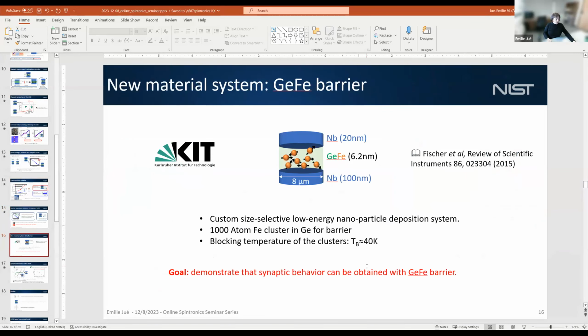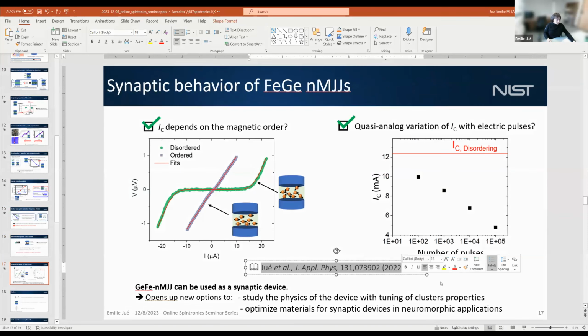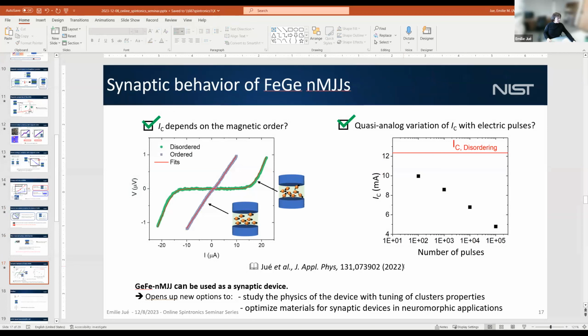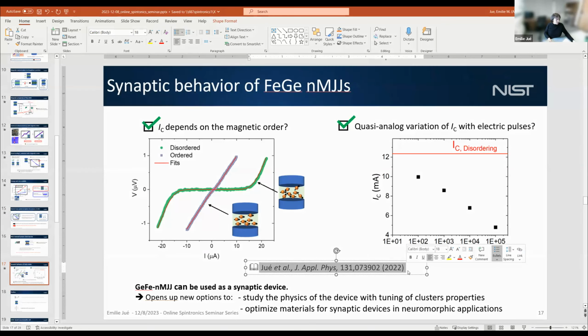I don't have the number exactly in mind. You can find them in this paper right here. The deposition has been done by our colleague at Karlsruhe, and I'm pretty sure we added all these numbers inside this paper. If you don't have it, feel free to contact me and I can go further with you.